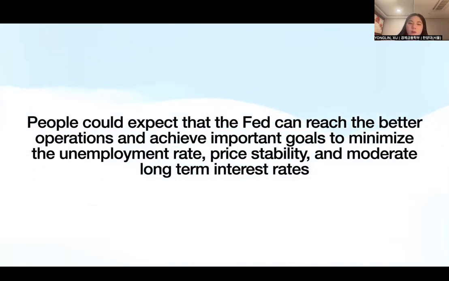And so I think people may have the expectation that the Fed can reach better operation and achieve important goals: to minimize the unemployment rate, maintain price stability, and keep moderate long-term interest rates. And that's all for my presentation. Thank you for watching.